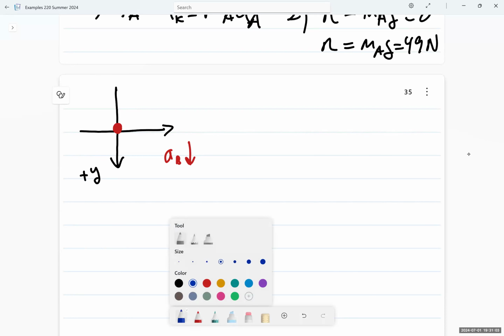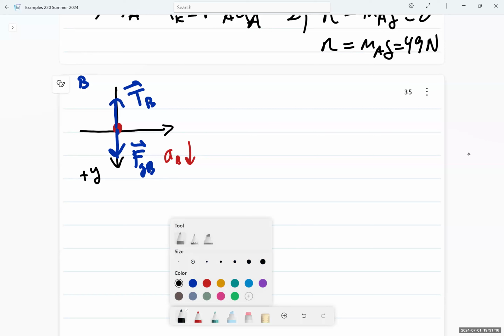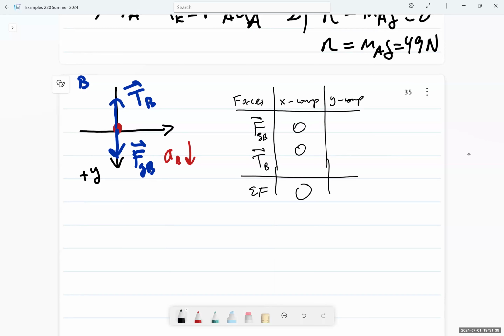All right, so the two forces acting on B are the gravitational force acting on B and the tension acting on B. If I do the force table, here's FGB, and this is TB. Zero, zero, zero, nothing in a horizontal direction for B. But in this case, since I'm taking down as positive, this MBG will be positive, but tension B will be negative.